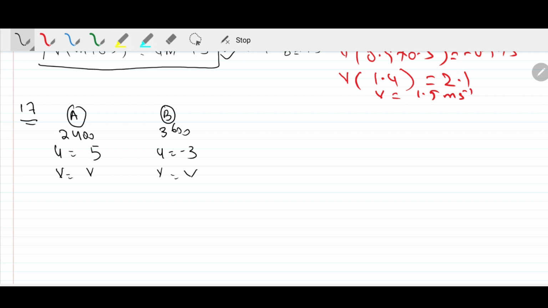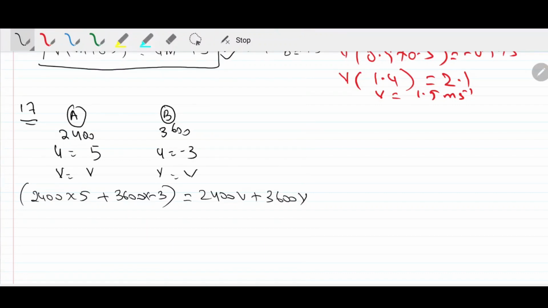So since they both are traveling in the same direction, I will consider both velocities as v. Whosever's direction has changed will depend on the sign of v. So let's check. This is 2400 into 5 before collision, 3600 into minus 3 before collision, is 2400 v plus 3600 v.